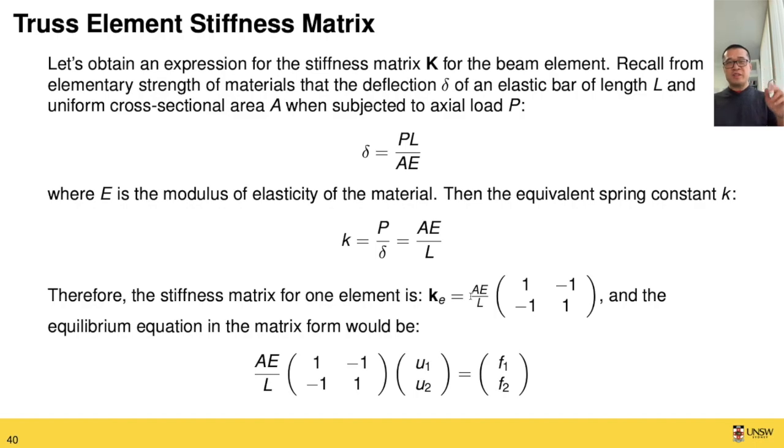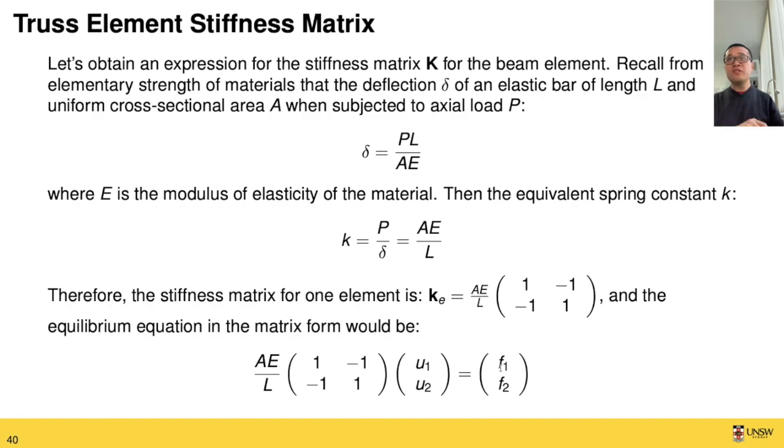Then the effective stiffness matrix for the truss element becomes AE over L times the matrix 1, minus 1, minus 1, 1. Equivalently, the equilibrium equation that governs the deformation under external force will be this matrix times the displacements at the two endpoints of the truss element, which equal the forces applied at these two nodes.